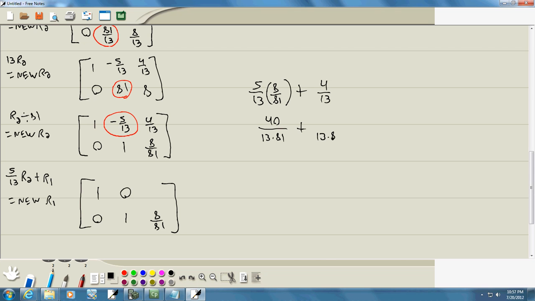Now we want to get a common denominator. So if I multiply this by 81, then that'll give us a common denominator. We also have to multiply the top part by 81. Let's see, 81 over 13, 3, 2, 4, 0, 8, 1, 3, 5, 10, 53. And multiply those together and I get 324.